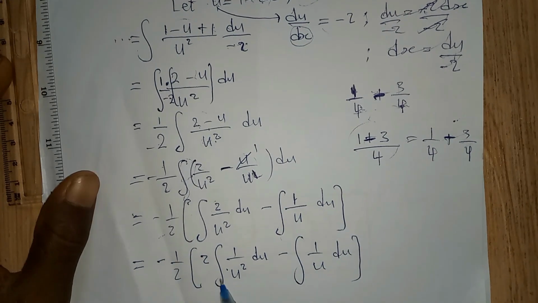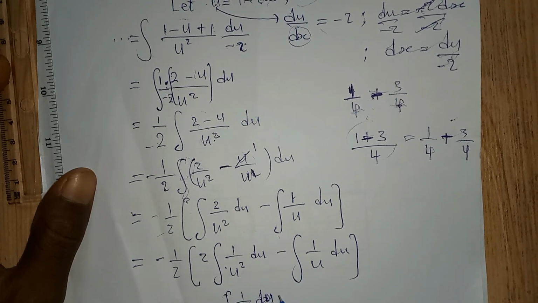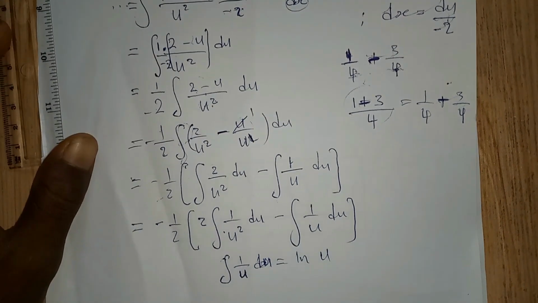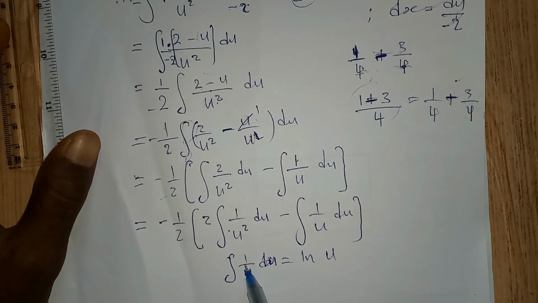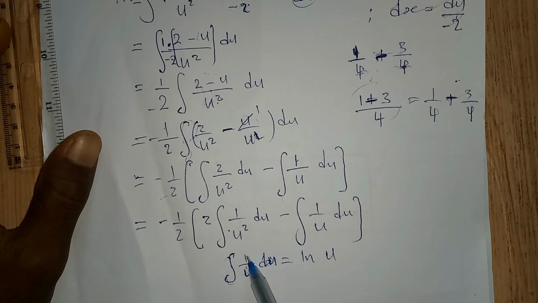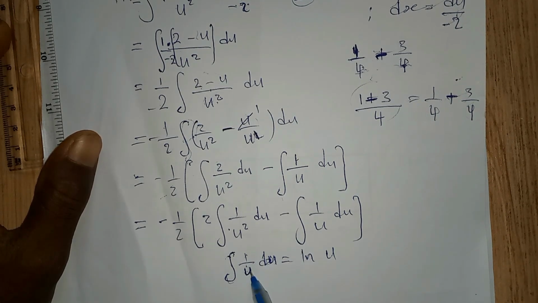Now we know that the integral of 1 over a variable, say u, du, is equal to ln u. From our knowledge of integration, when you have an integral such that if you differentiate the denominator you get the numerator, then it is equal to ln of the denominator.